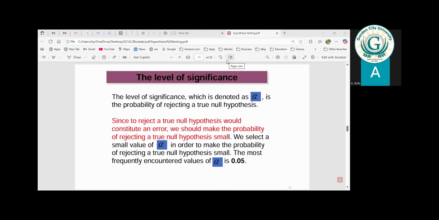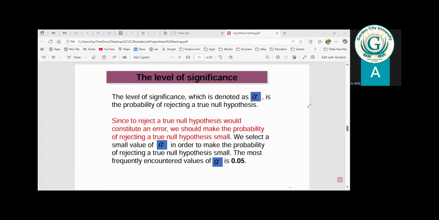That is the reason why we always want the significance level to be very small, so that even if we make a type 1 error, that means if we reject a true null, it's something negligible. So you always have to set your alpha level.